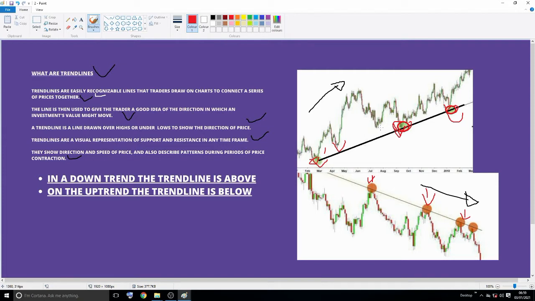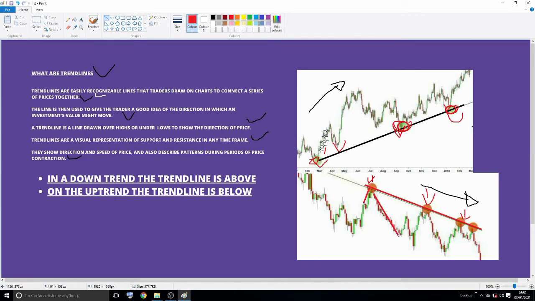In a downtrend, the line is above. You see in a downtrend, our trend line is above the price movement, so it keeps on pushing the price to the downside.